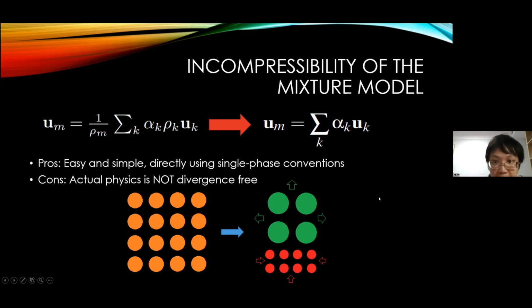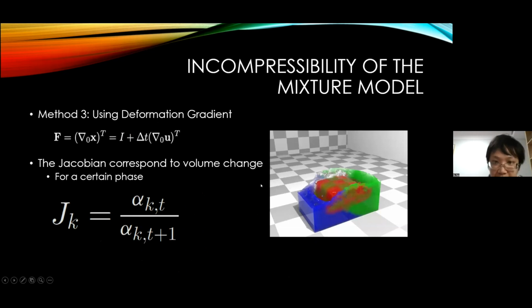So method 3 is that we propose a method using the deformation gradient, which does not assume any divergence-free condition. We just consider that the deformation gradient can be used in fluid simulations, and the Jacobian of the deformation gradient can be calculated from the volume fraction change of one particle.